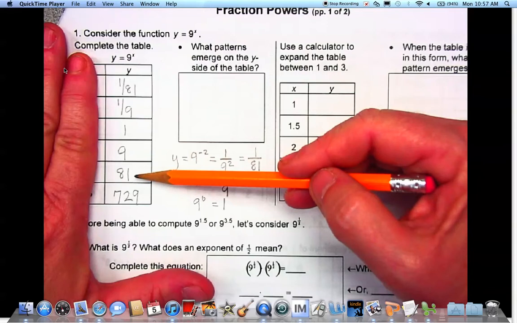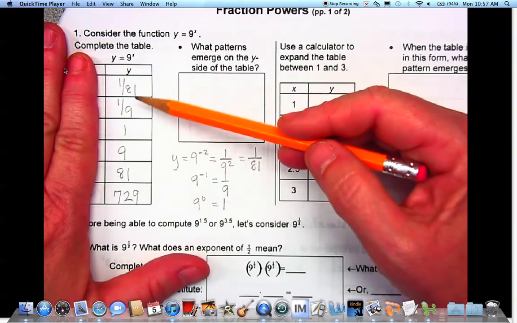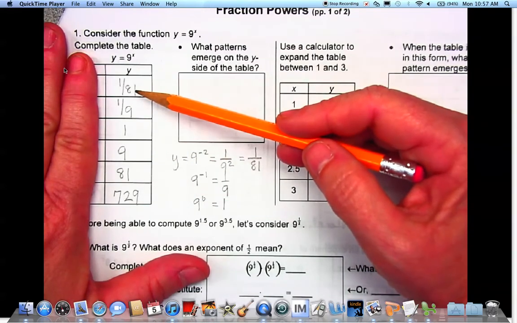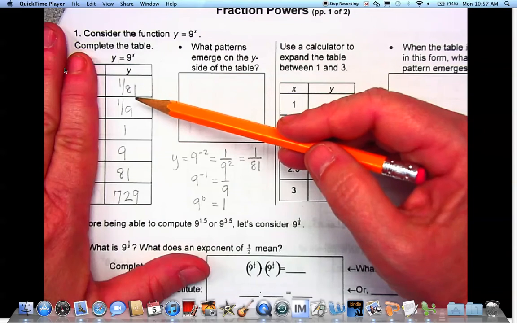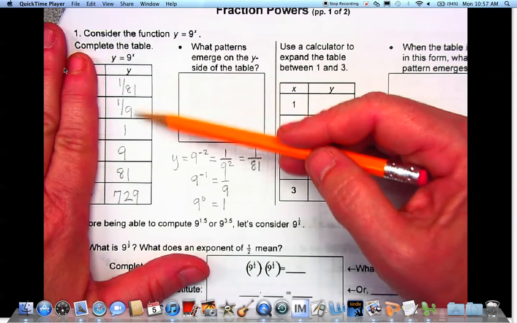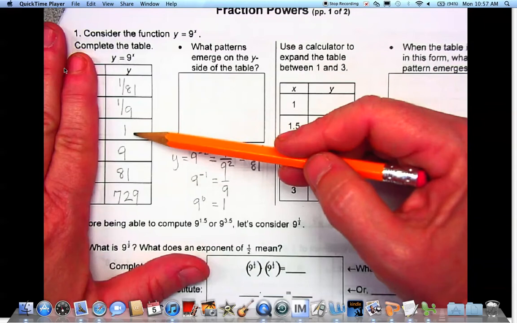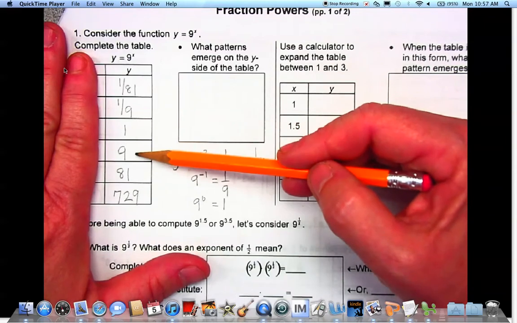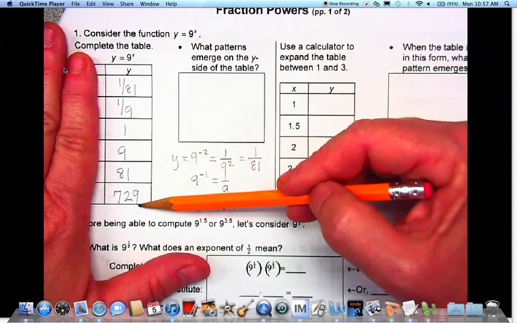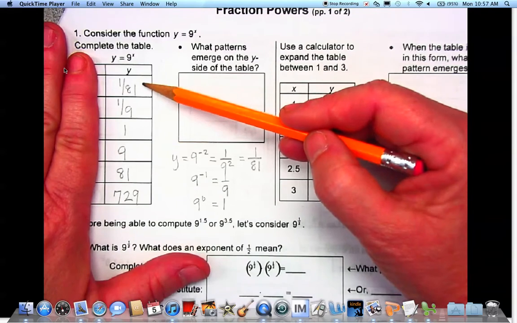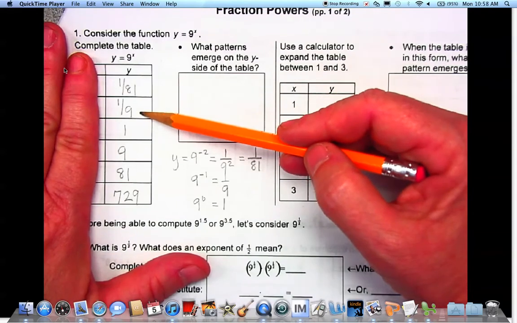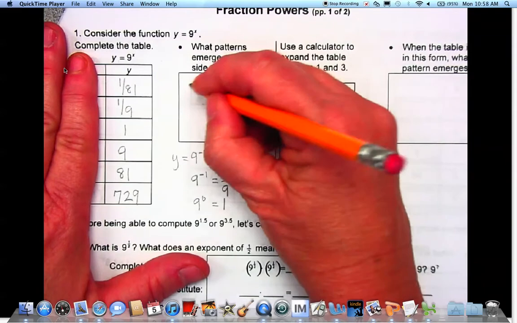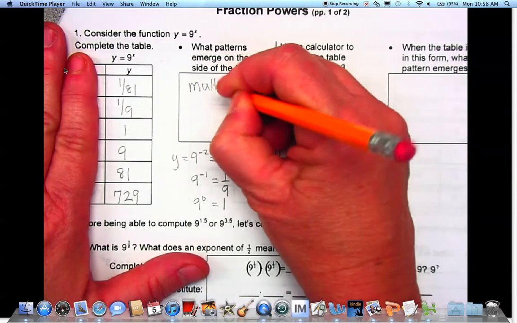By multiplying by 9. If you start down here, 1 times 9 is 9, 9 times 9 is 81, 81 times 9 is 729. 1 over 81 times 9 is 1 over 9. 1 over 9 times 9 is 1. So you're multiplying by 9 every time.